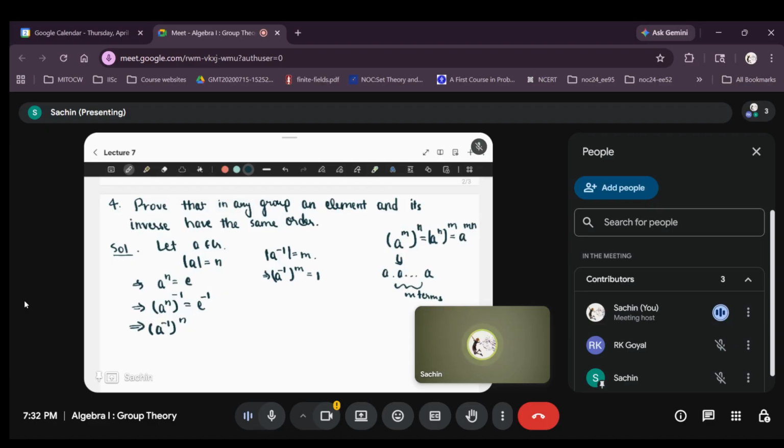This holds whether m and n are negative or positive. So yes, you can write A power n power minus 1 as A power minus 1 power n. Then A power minus 1 is A inverse.